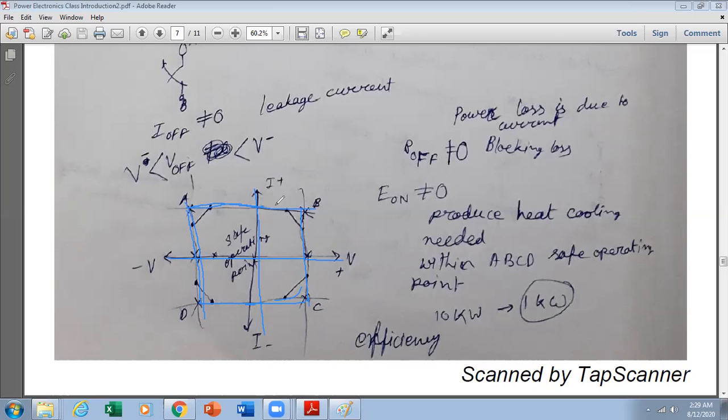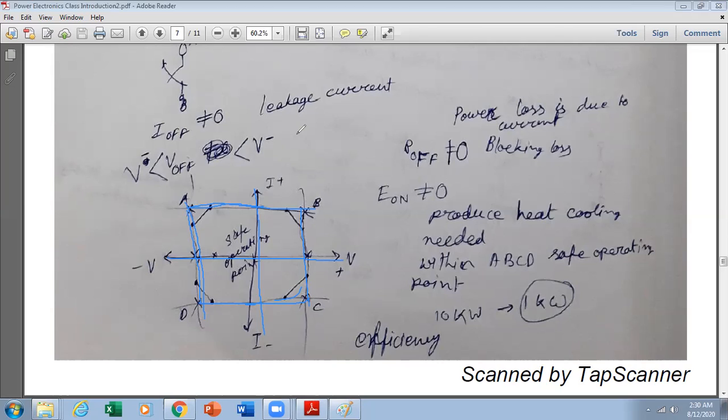Okay, now what happens, every device has some power rating, suppose 10 kilowatt power or voltage rating, whatever. In what amount it is being rated, if I work up to that rated value, suppose it is rated at 10 kilowatt, we will work at 10 kilowatt.